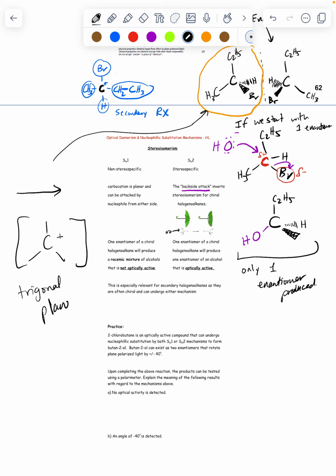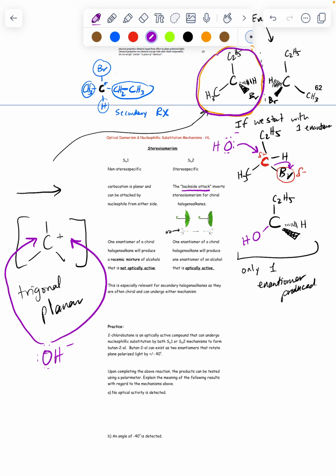And because it's trigonal planar, when the hydroxide actually comes into this mechanism, the hydroxide is equally likely to attack the carbon atom from one orientation versus the other. It can attack the carbon atom from both sides because the halogen has already left, which has changed it from this optically active chiral molecule into a flat trigonal planar carbocation.